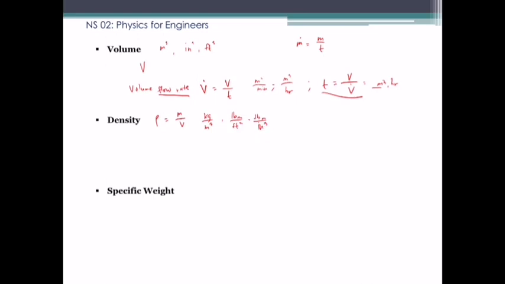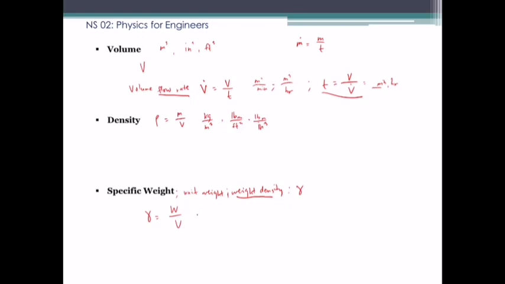Next would be specific weight. This is what we were talking about earlier, the density and specific weight. Specific weight is denoted by the symbol gamma. By the way, it is also called the unit weight or the weight density. Gamma is the weight per unit volume. It is called weight density because density is mass over volume, while the weight density or specific weight is weight over volume.